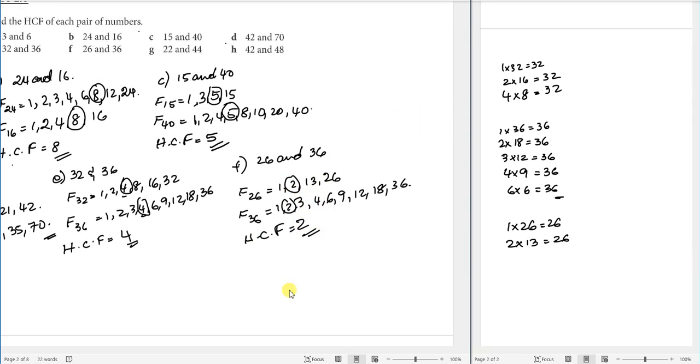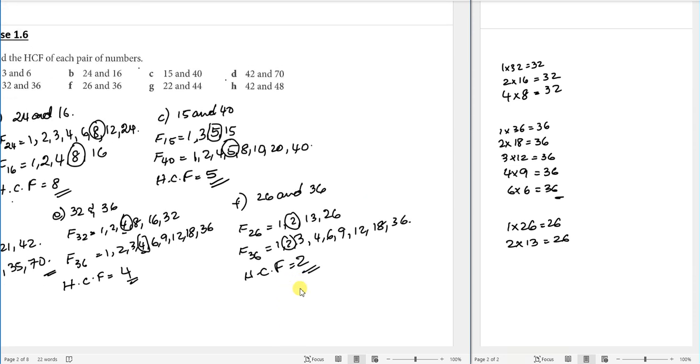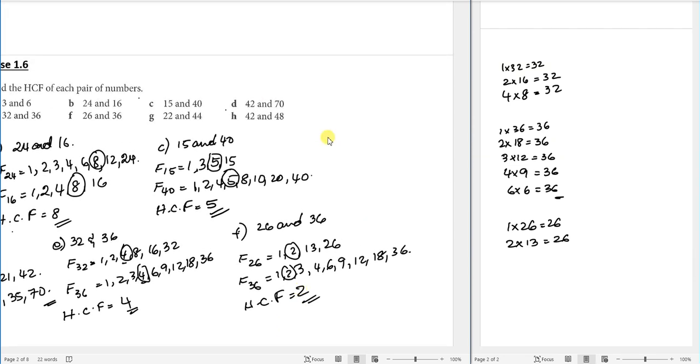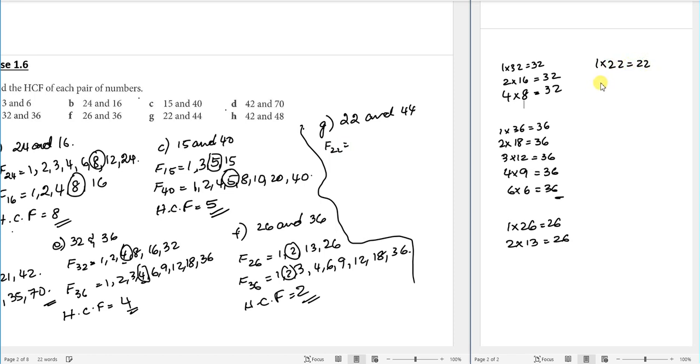Okay, moving to question G. I'm just going to do it here. We have 22 and 44. So F22 is equal to 1 times 22 is equal to 22. 2 times 11 is equal to 22. So F22 is equal to 1, 2, 11 and 22.